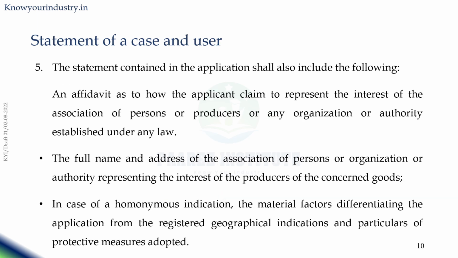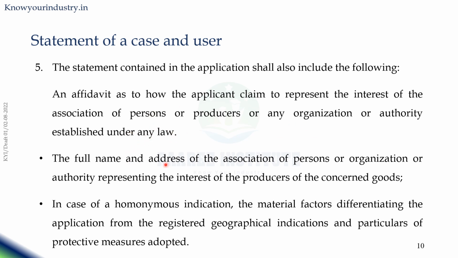As we discussed before, with the application, we need to submit a statement of case and user. The statement contained in the application includes the following details: an affidavit. In that affidavit, how the applicant claims to represent the interest of the association of persons or the interest of the producers or the interest of any organization or the interest of the authority established under any law.